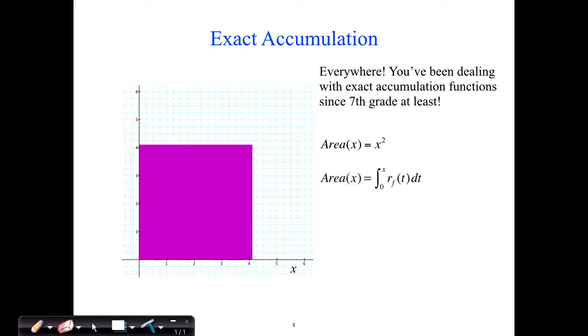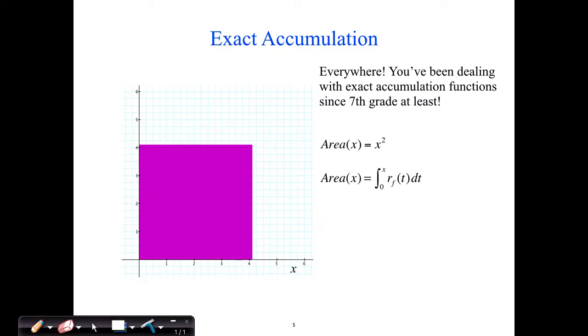So regardless of what this rate of change function is, there is some relationship between changing the side length and changing the area. So without knowing what this rate of change function is, I know one thing. I can express area as the accumulation due to a mystery rate.